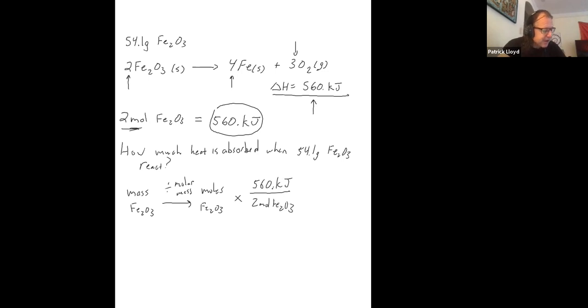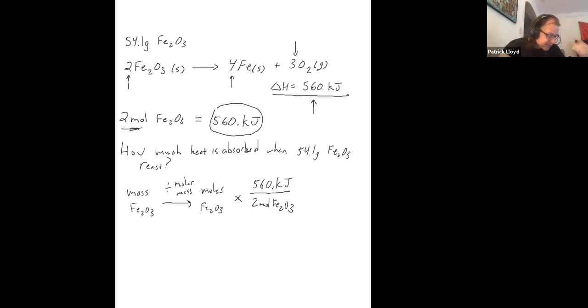Okay, so look at the logic of this. What you're doing is you're saying, hey, we got 54.1 grams of Fe2O3. So if we know how many moles that is, which we can calculate pretty easily, we can say there's a relationship. Every time 2 moles of Fe2O3 reacts, this is how much heat is absorbed. Okay, so we're going to multiply that by 560 over 2.